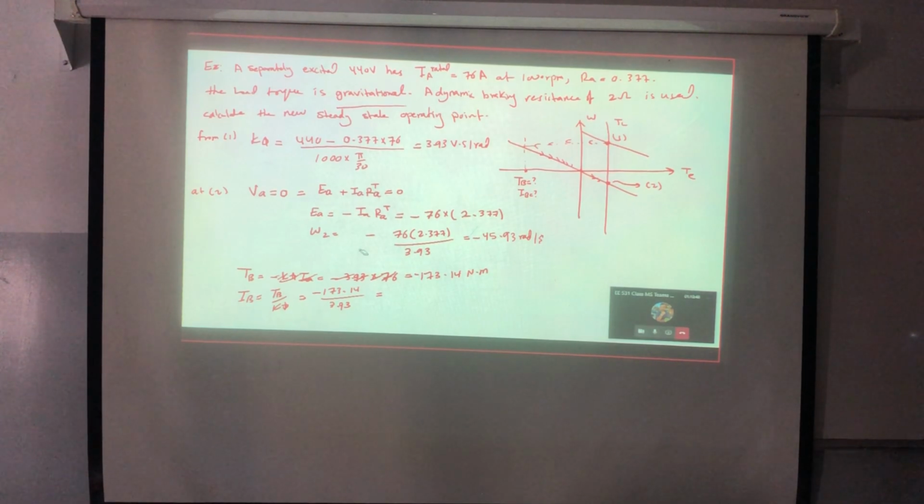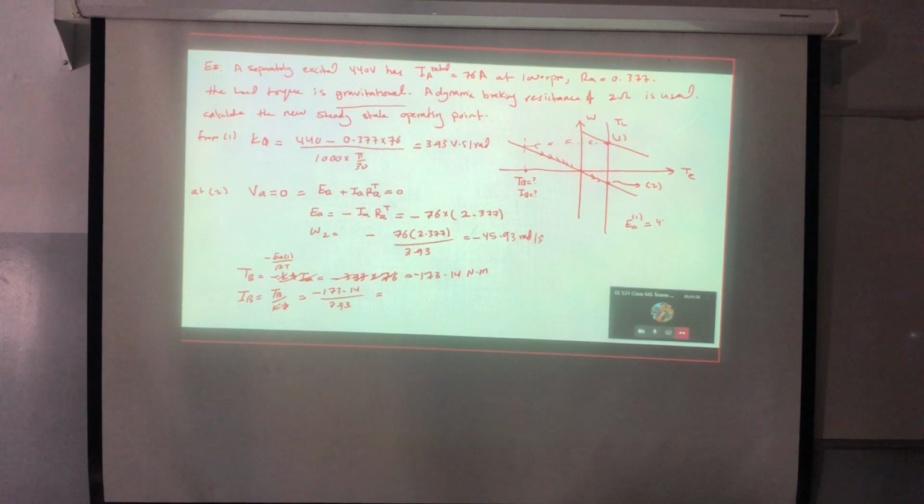It will equal EA over R total, correct? So TB, let's write it here. TB will equal minus EA at point 1 over R total.